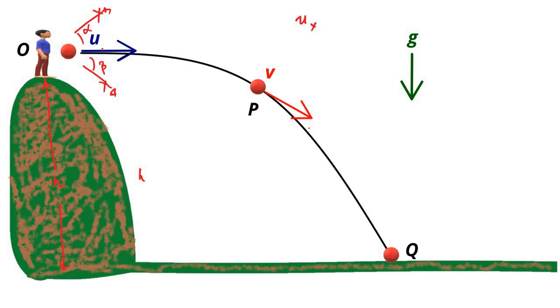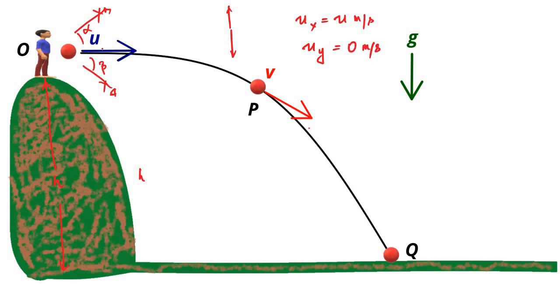This ux is equal to u, the initial velocity along the x-axis, that is u meters per second, whatever value it can take, 10, 20, 30 or anything. Here the initial velocity has no component along the y-axis, along the vertical direction, either upward or downward. So the component of the initial velocity along the y-axis, uy, is 0.